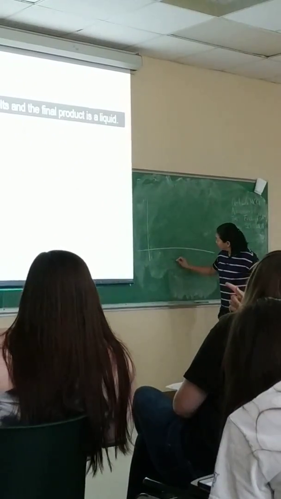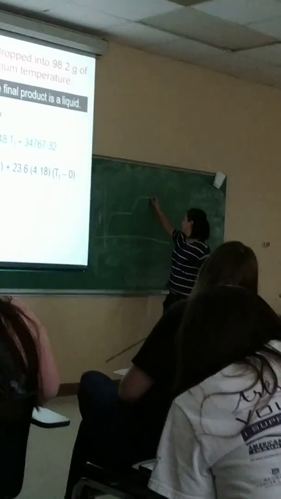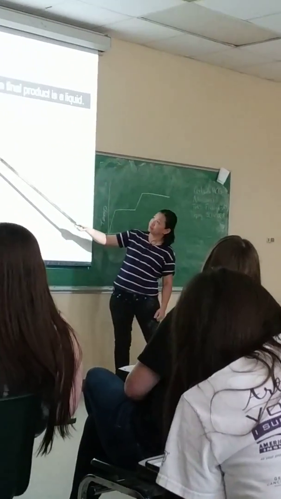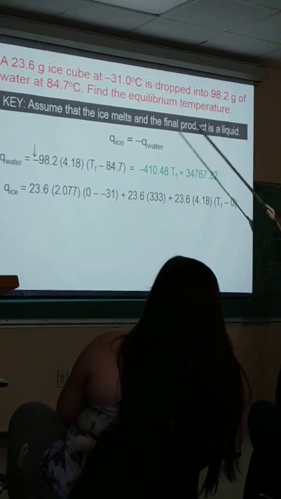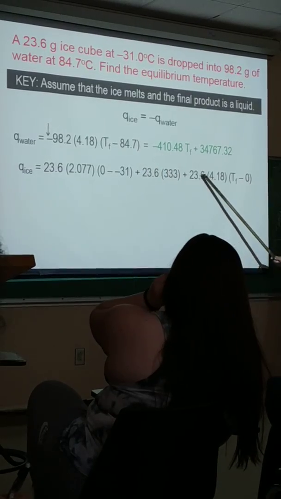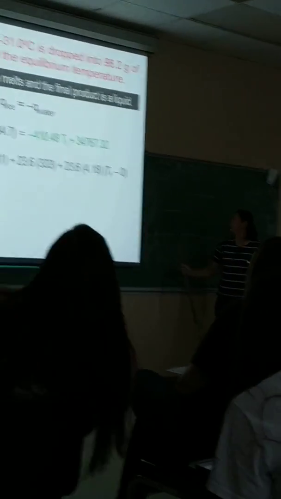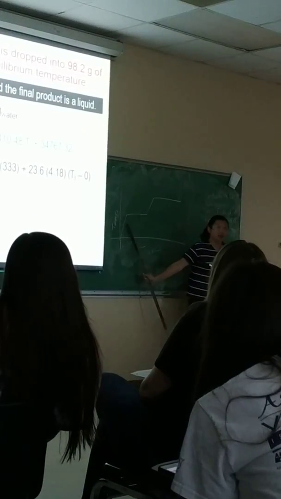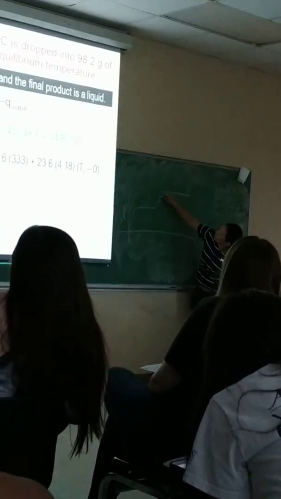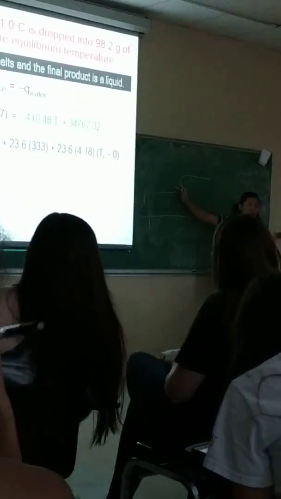This is a more advanced one, okay? Time, temperature. You can first assume the water is not going to drop down to 0 Celsius degree. So the hot water at 84.7 is probably going down around here, maybe somewhere.